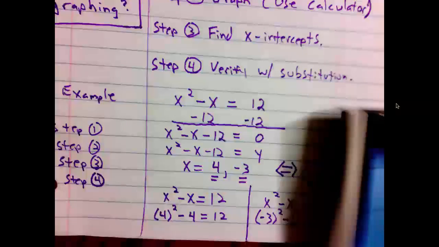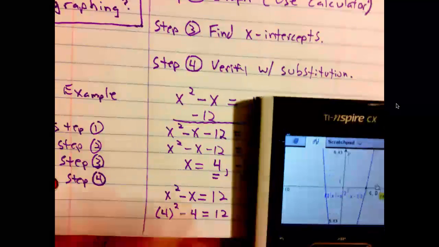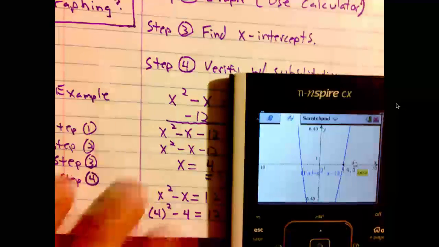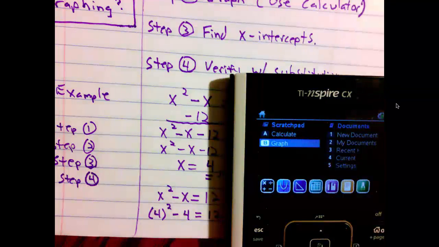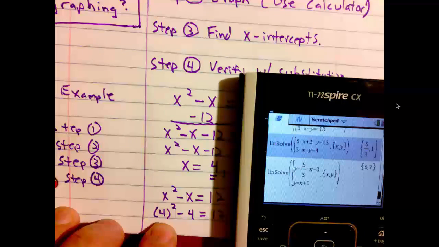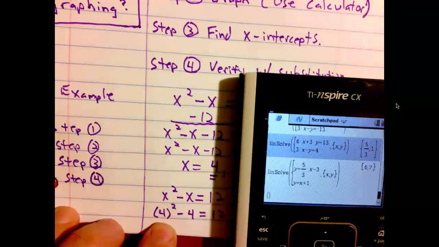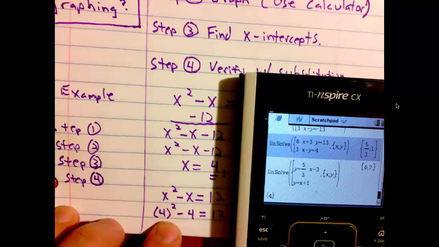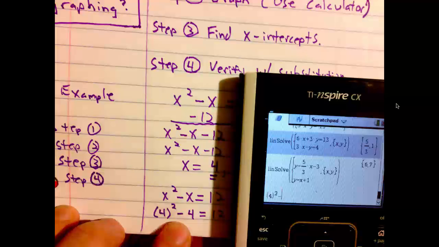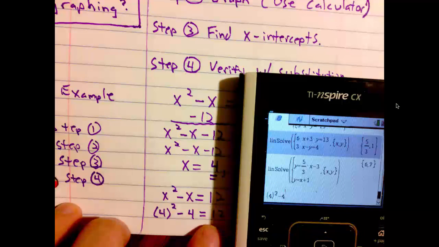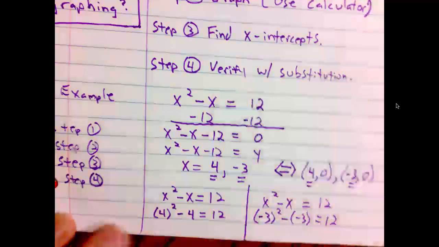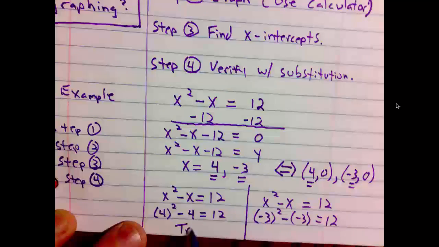So I'll come to my scratchpad calculator. Menu A. All right. I want 4 quantity squared, subtract 4. Is that equal to 12? It is. This is a true statement.